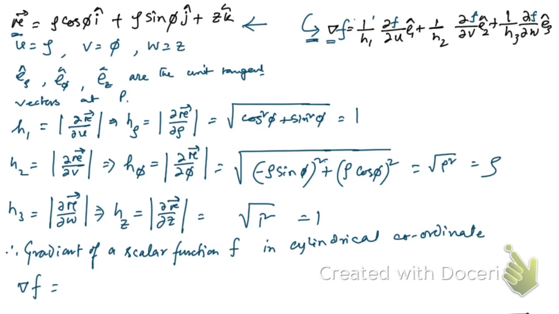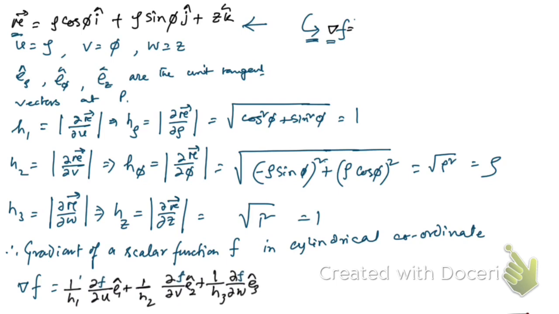Instead of writing again and again, let me bring this one here. Instead of h1 we're going to write 1, instead of h2 we're going to put rho, and instead of h3 we're going to put 1. So this will be of this form, with rho instead of u.